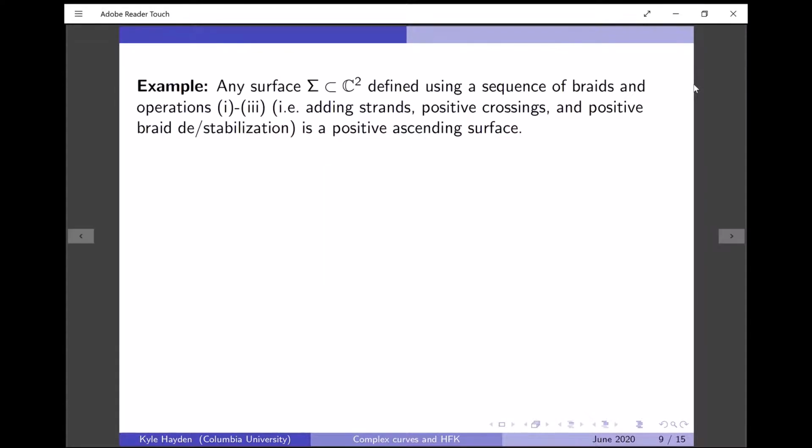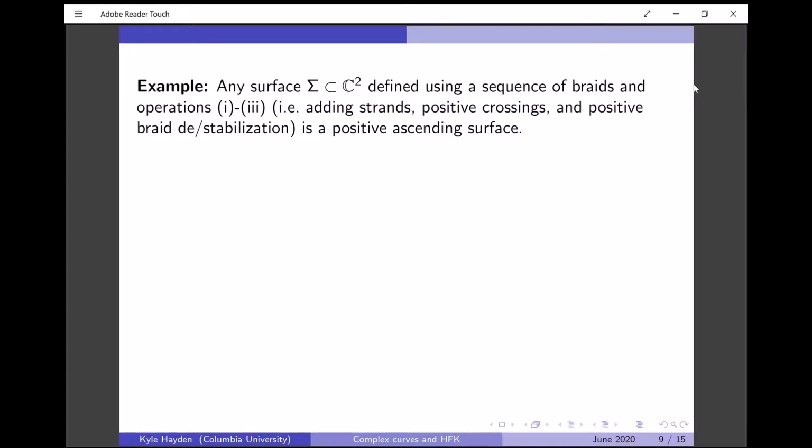So now I want to talk about some of the properties and the ways of constructing these positive ascending surfaces. So from a constructive point of view, one of the useful facts about them is that you can construct them rather diagrammatically.